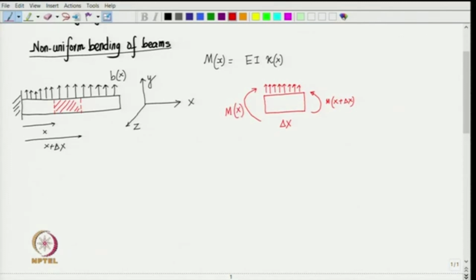We also have shear force in this case, because we have a distributed load acting here. So, in the cross section not only do we have bending moment, we also have shear force.